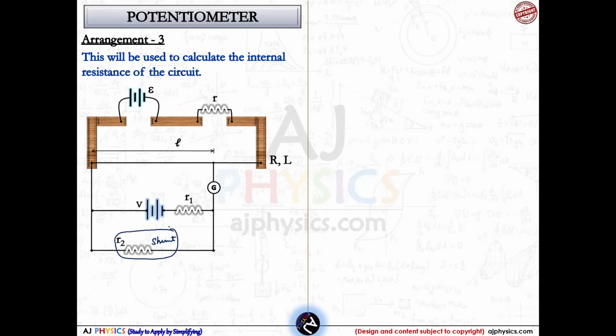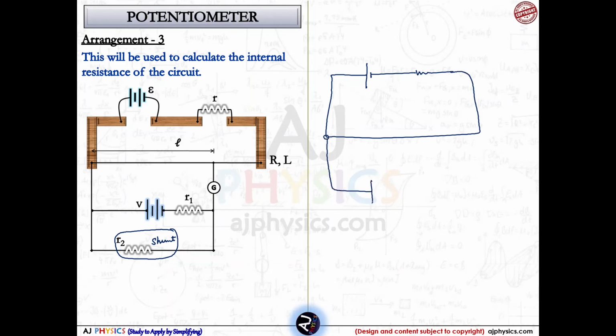Fine. If you don't use this shunt resistance, then this arrangement will become the arrangement 1 of the potentiometer circuit. And this resistance will have no effect, as I have already told you. Are you getting my point?